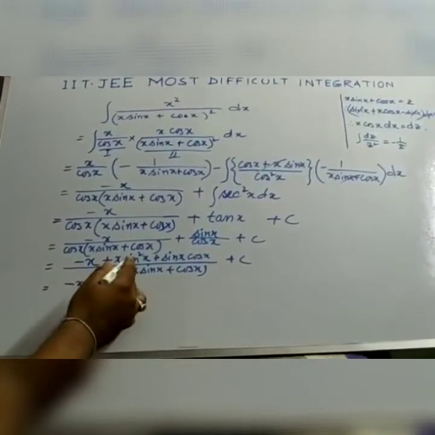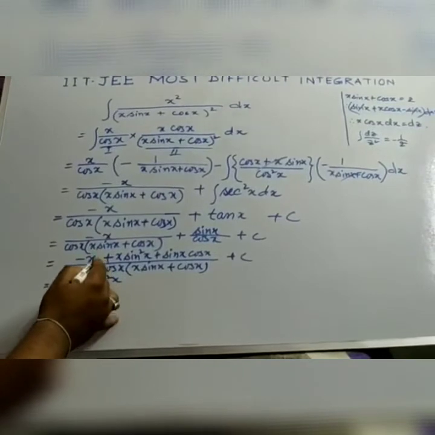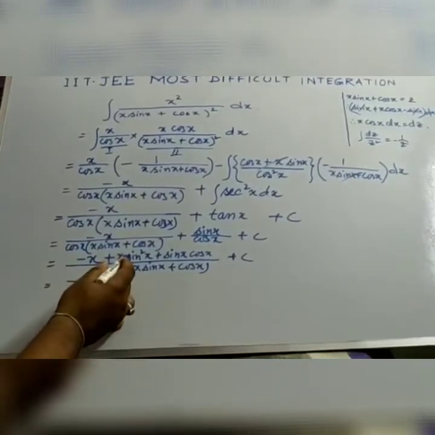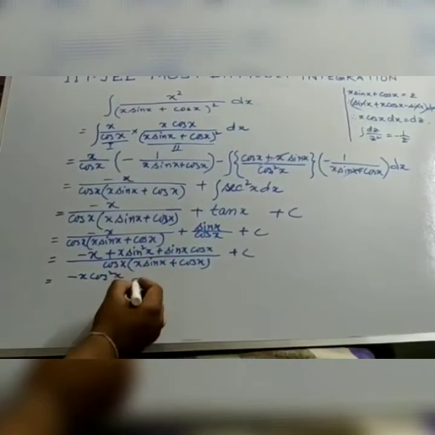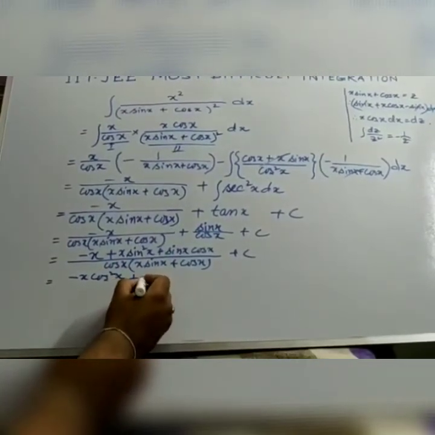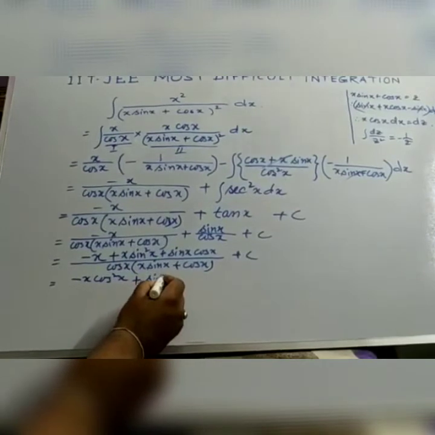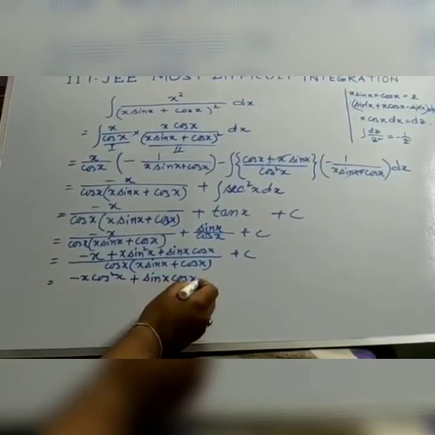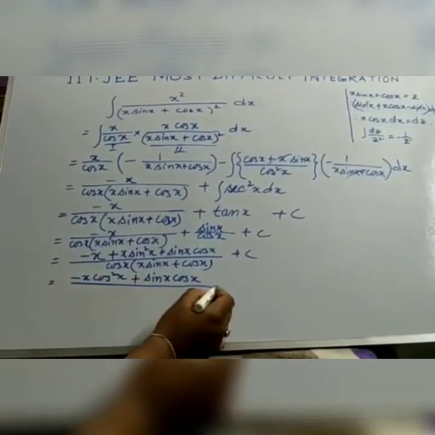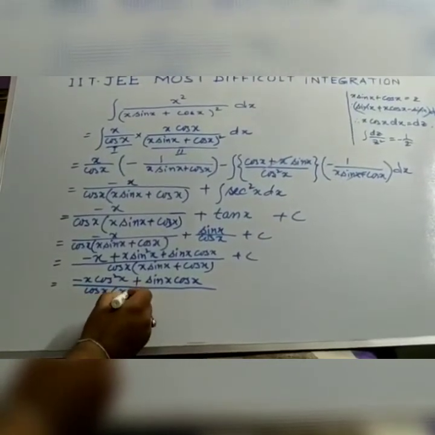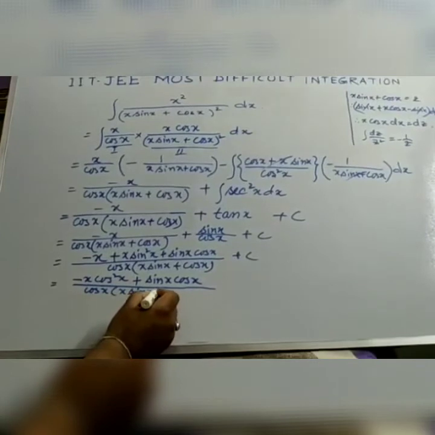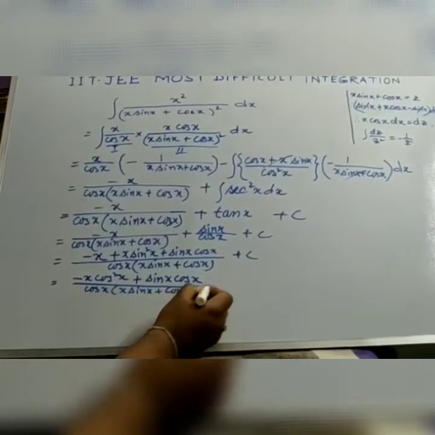From these two parts, minus x is common, then inside the bracket it will become 1 minus sin square x, that will give cos square x. So minus x cos square x from this plus sin x cos x remains there, divided by cos x into x sin x plus cos x plus c.